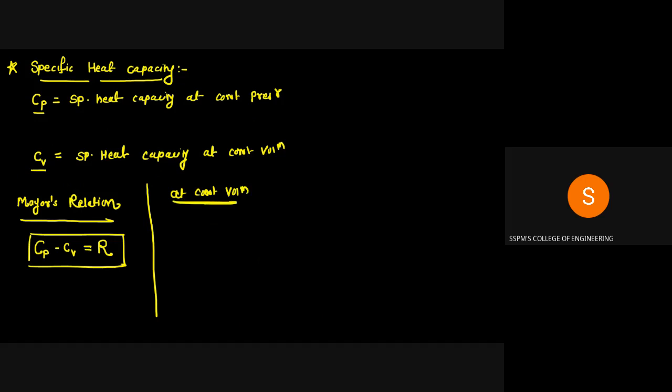if we are keeping the volume constant, suppose we have an arrangement, this is a cylinder and this is the piston, and this is the gas inside the cylinder, and suppose we add the heat.